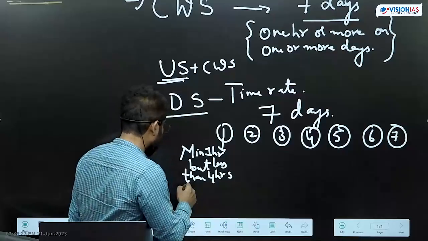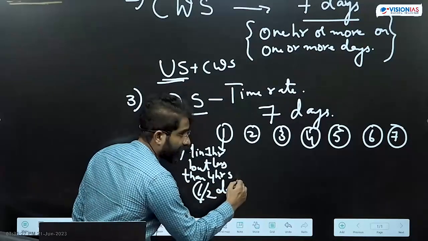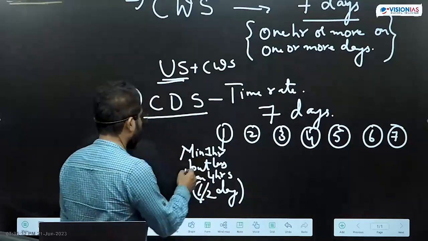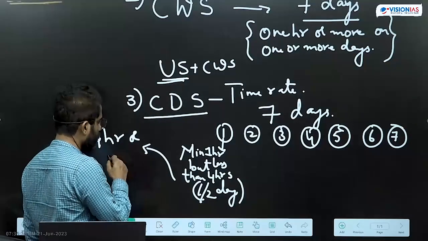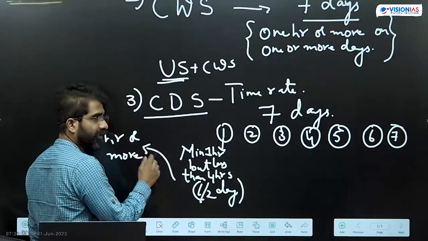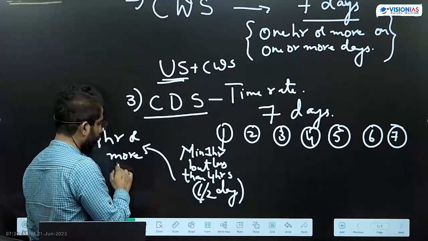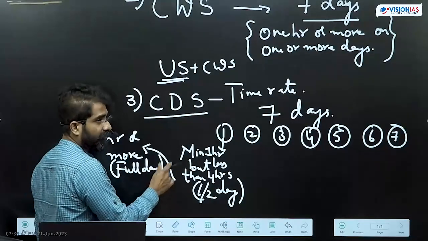It indicates that he is employed for only half a day. You are taking partial employment here, and you will treat it as he is employed for half a day. But if he is employed for 4 hours or above, you will treat him as employed for the full day.